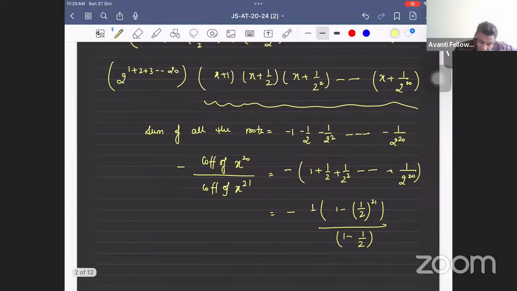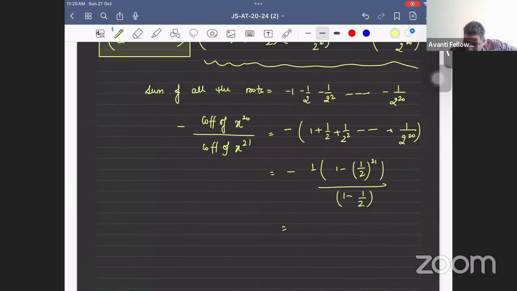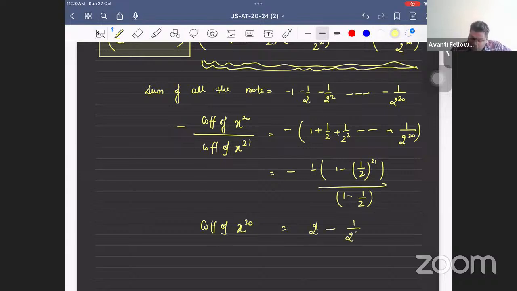Now this whole will also be multiplied by this because this is getting multiplied with every term. But we will do it later on. So now it is what? Take it like a coefficient of x to the power 20 in this. See, I'm considering in this. So the coefficient of x to the power 20 is 2 minus 1 upon 2 to the power 20.